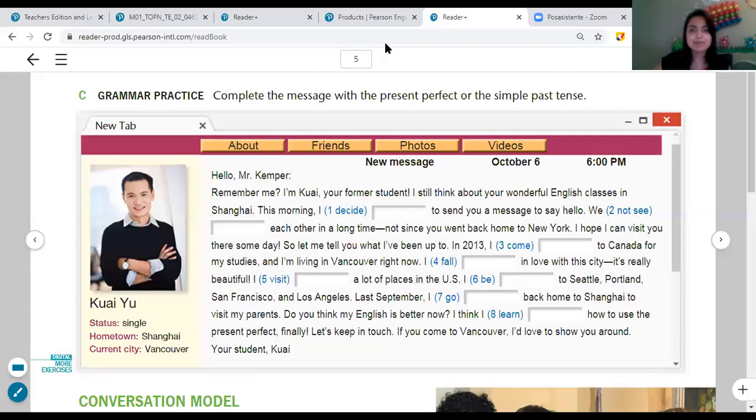For example, I can say, I have taught English, but there's no specific time. So if I say, I teach English on Sundays, in the simple past, I taught English on Sundays. So let's write the simple past or the present perfect, sorry.